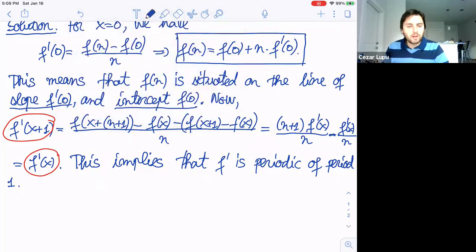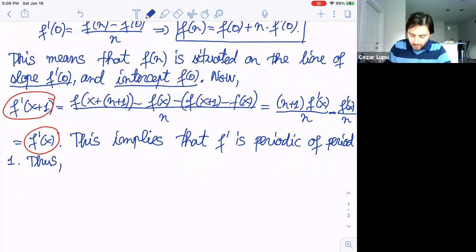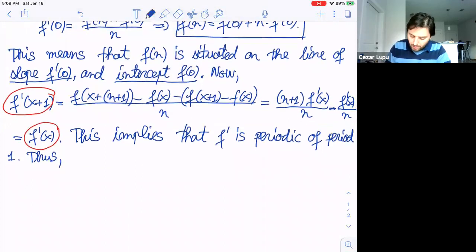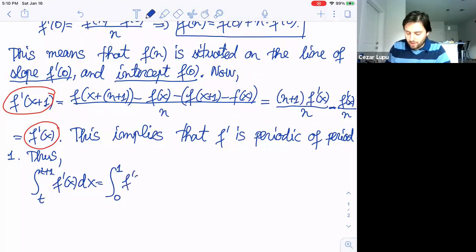At this point, everything becomes clear because I can write in the following way: the integral from t to t plus 1 of f prime of x dx will be nothing else than just the integral from 0 to 1 of f prime of x dx.